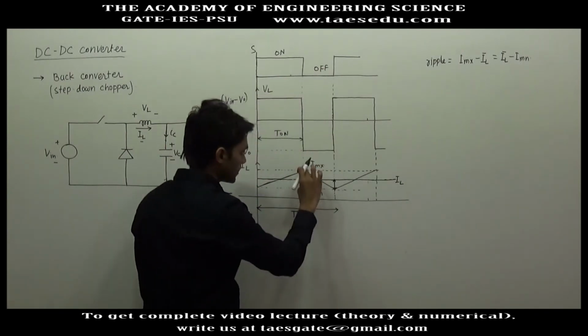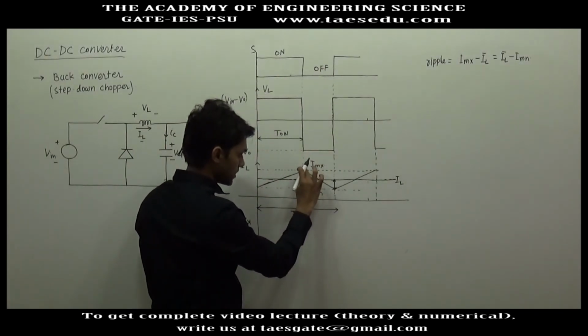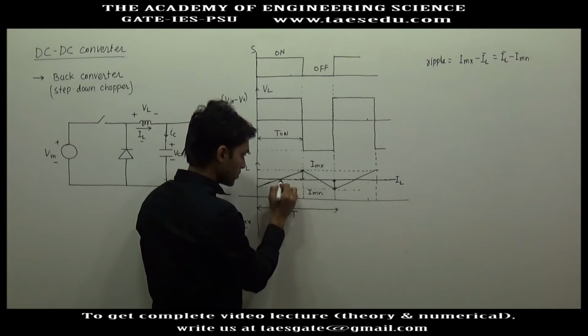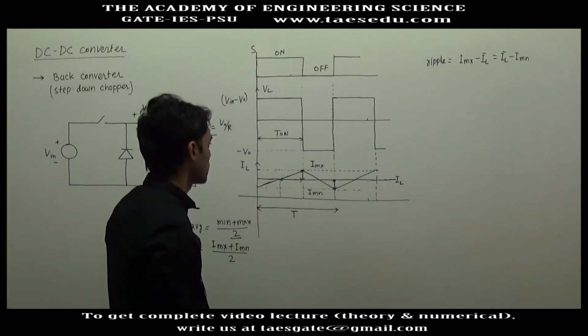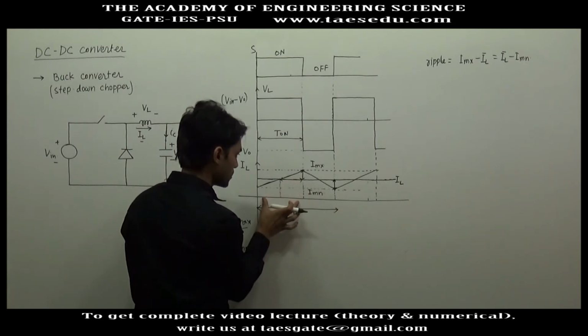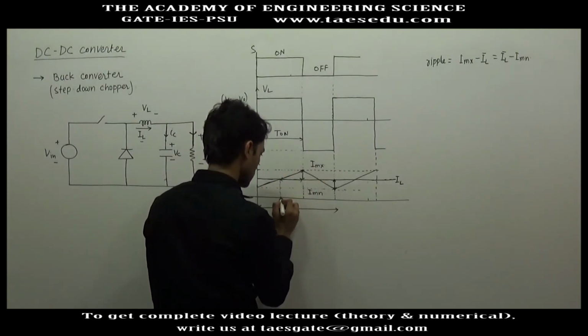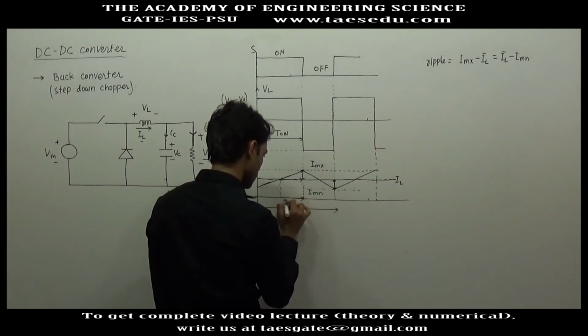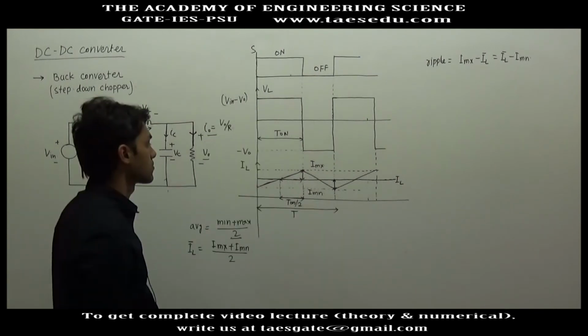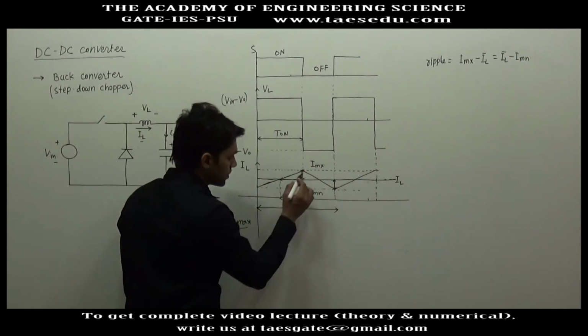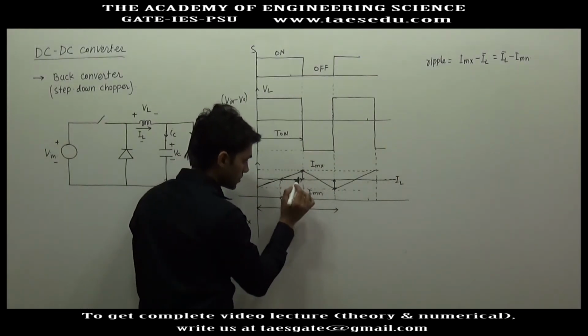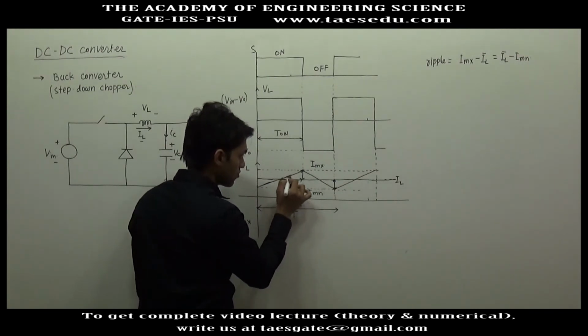So how will you find this height? This height is nothing but slope into this width. And what is this width? The total time is t on, and the graph is a straight line, so this width will be t on by 2. So ripple will be the width, t on by 2, into the slope of this line.